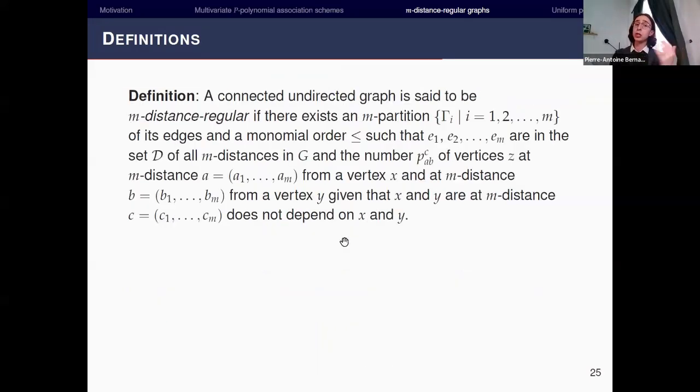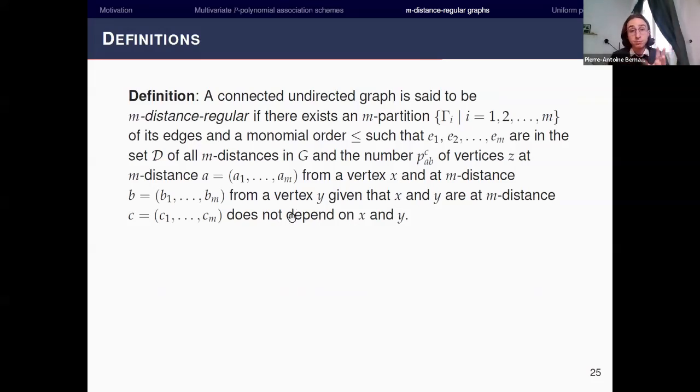And then using this notion of m distance, we define m distance regular. It's just basically taking the definition of distance regular, and instead of using the regular distance, you use the m distance as was defined in the previous slide.